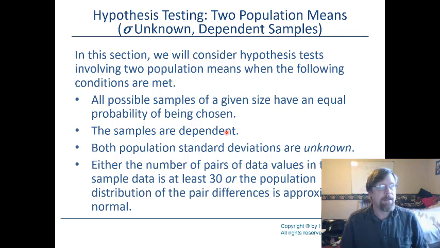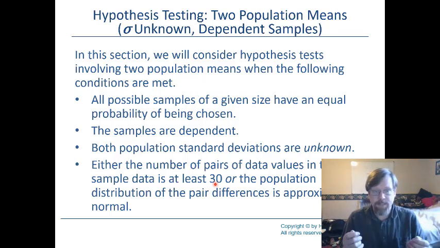All the possible samples, it needs to be a random sample. In this case, the samples have to be dependent instead of independent. Both standard deviations are unknown, and we have to have at least 30 pairs, or the population distribution of the differences has to be approximately normal.